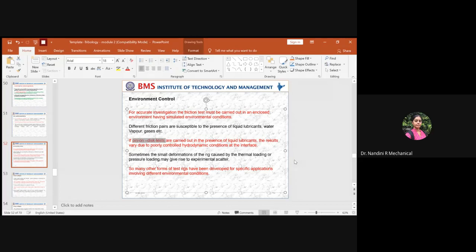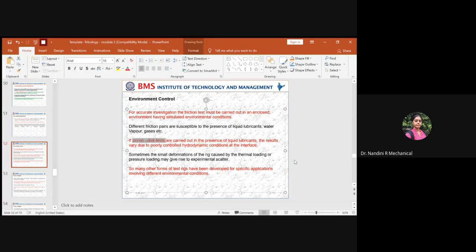The external environment might be warm, or the temperature might be high, or sometimes the humidity might be more, or the air might be moving at a very high speed with more pressure. All of those will affect the fluid or the liquid you are using as a lubricant.